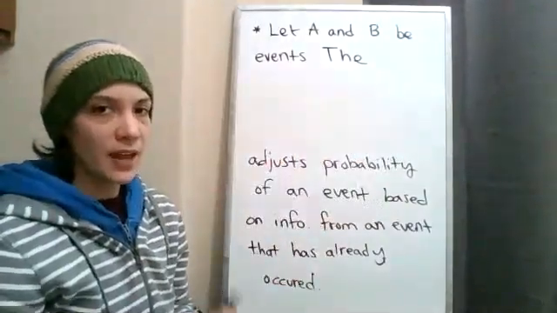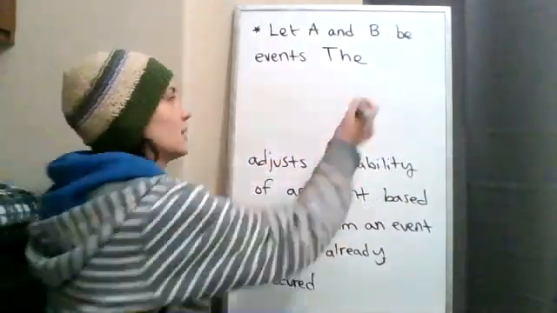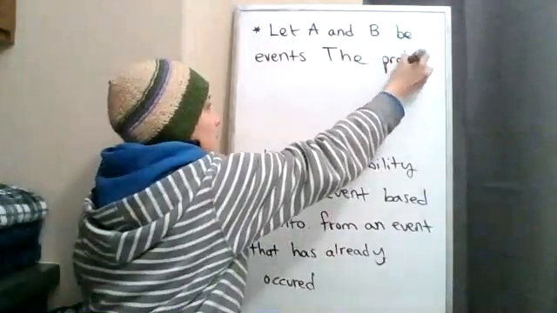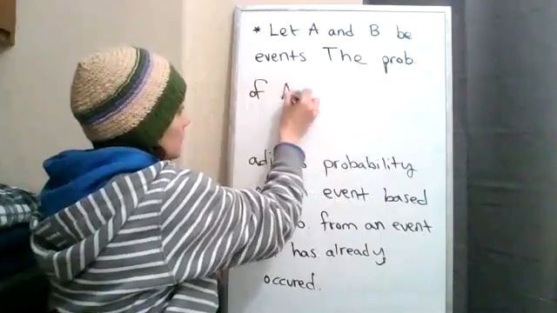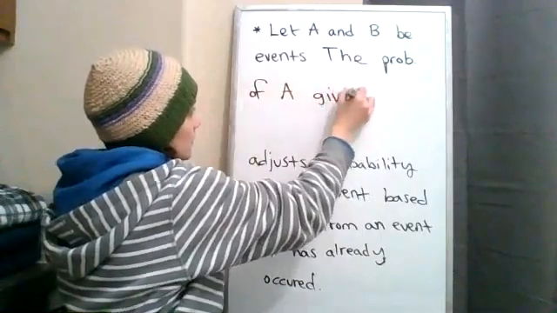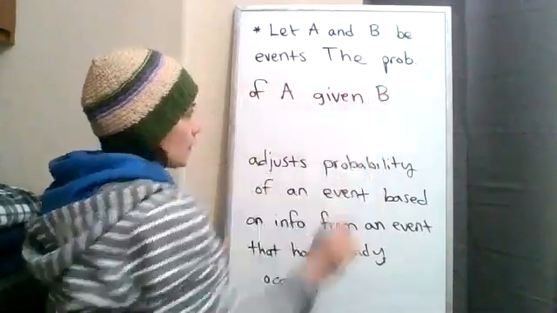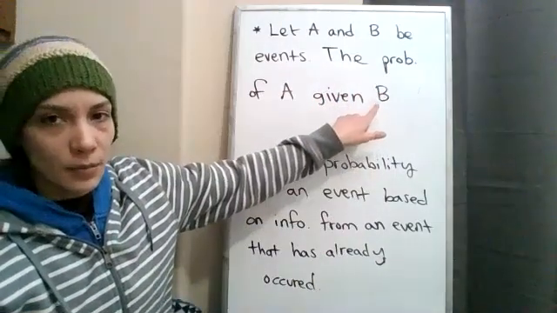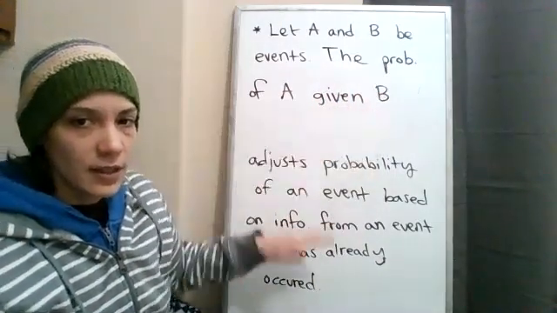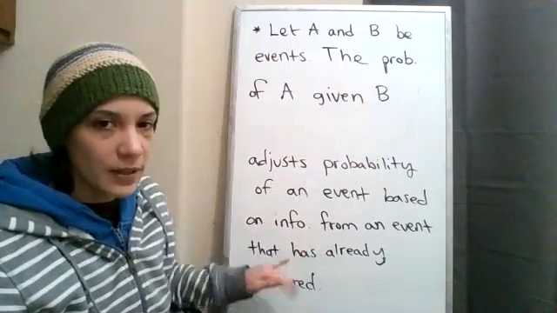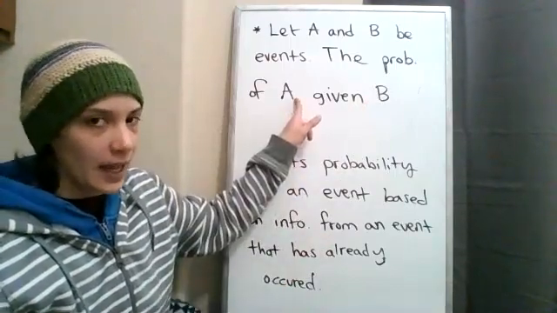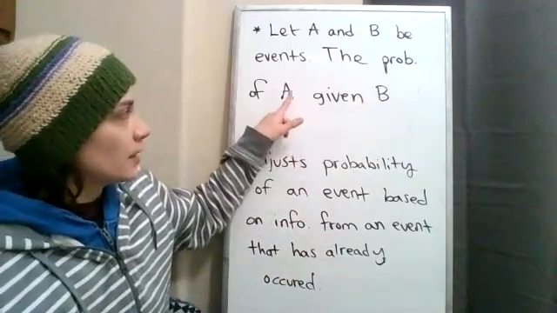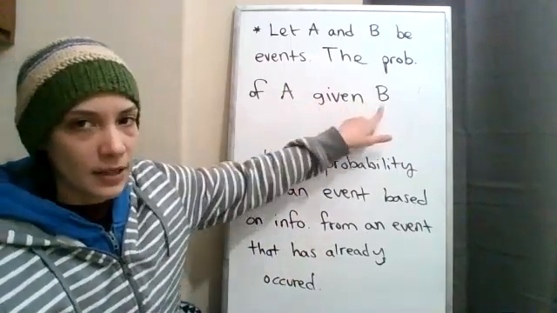So the probability of A given B. So given B, so B is the event that has already occurred. So that's the extra information that you get from an event that already happened. And then you want to know about some event A. So you're interested in event A, you know that B has already happened.